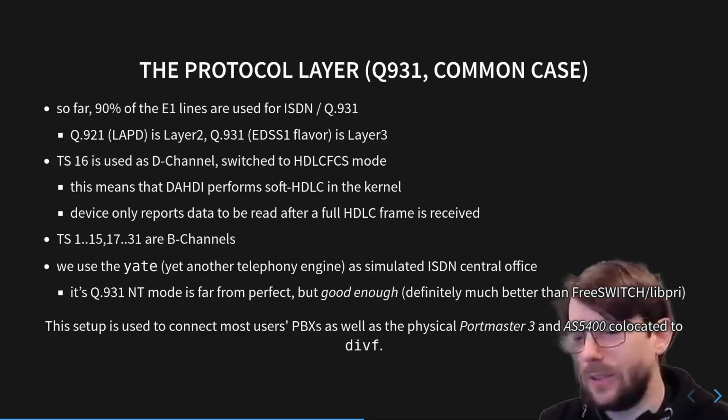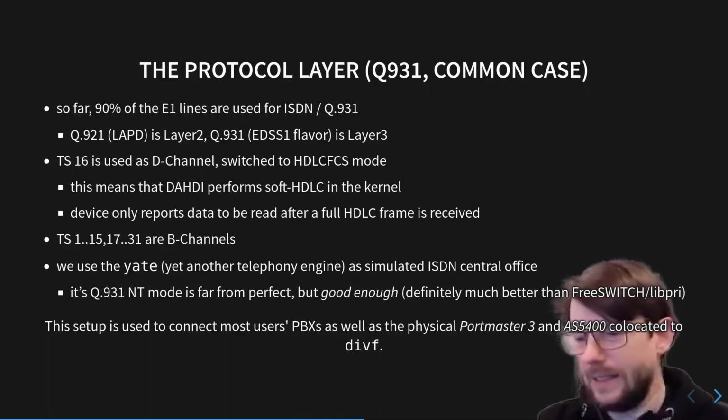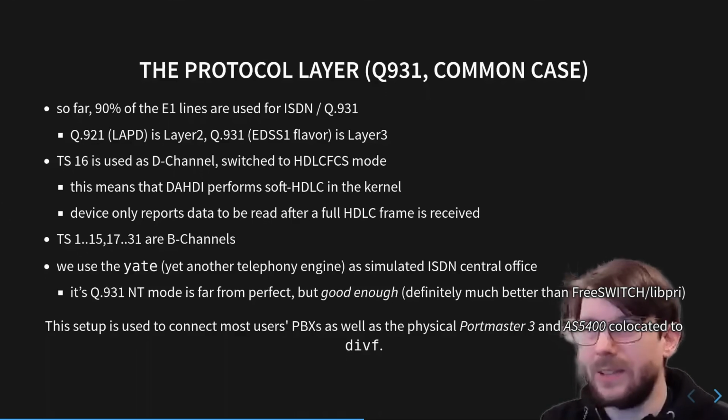Definitely we need to improve some, but it's much more complete than FreeSwitch or libPRI, which I believe is also used by Asterisk. So there are even more gaps at that end. Actually, in a very early setup that I did in this context, I was using FreeSwitch, and I had to do a lot of patching to get it to work at all. And then there were still so many bugs and so many shortcomings.